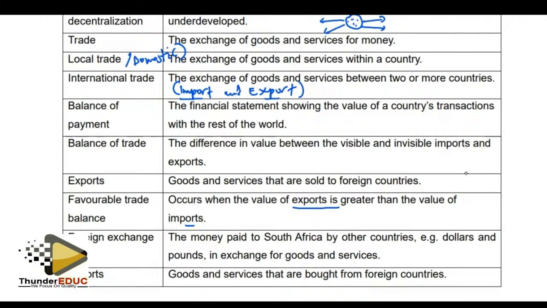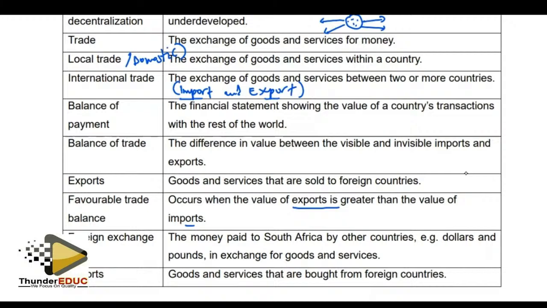But if you are buying more, that means you are spending a lot of money, and if you are selling less, we shall say the country is experiencing an unfavorable balance. Unfavorable is when imports are greater than exports. But when it is favorable, exports are greater than imports, meaning the country benefits more when it is selling to other countries, which means more money is coming into the country.